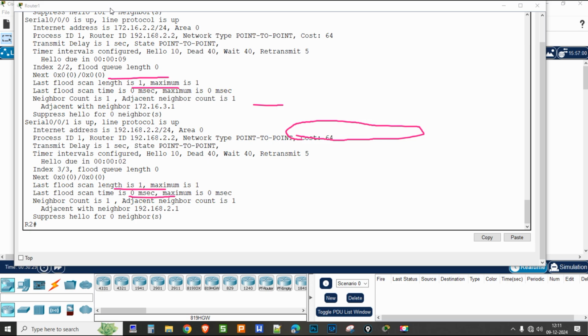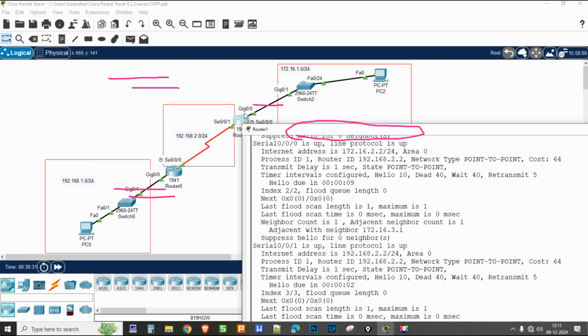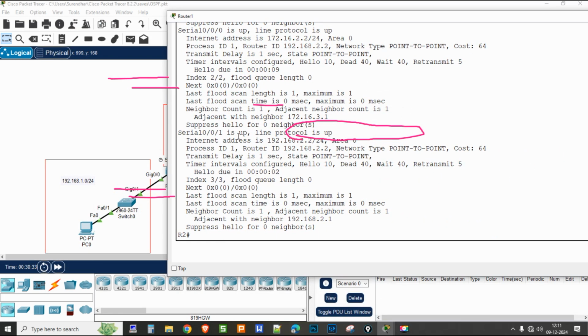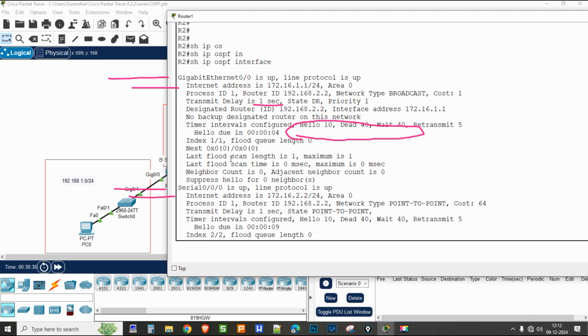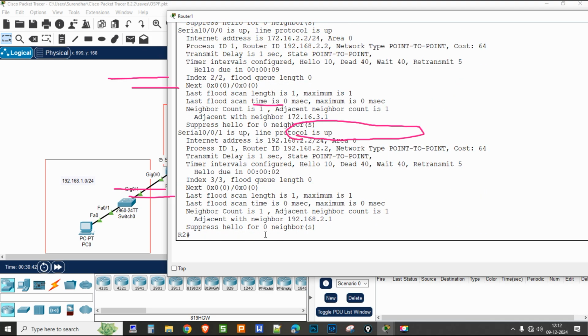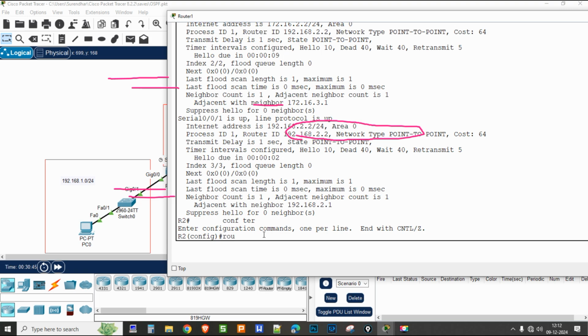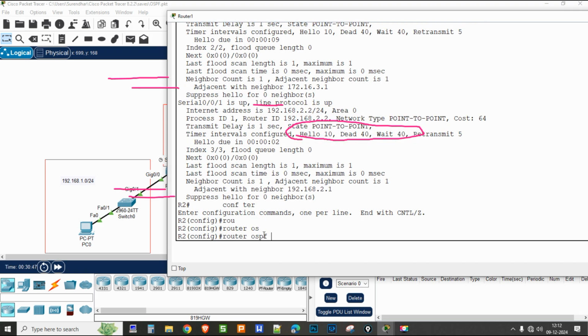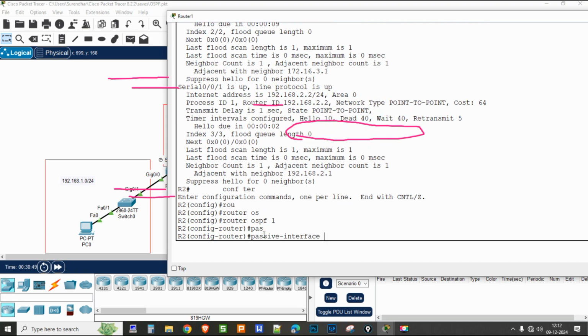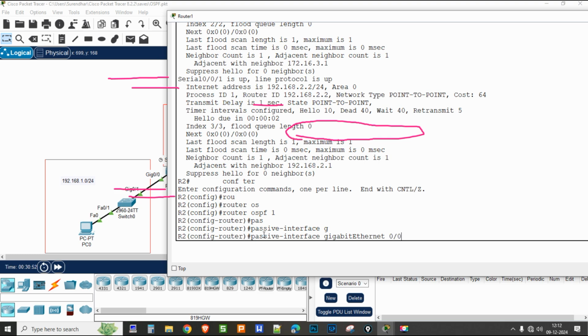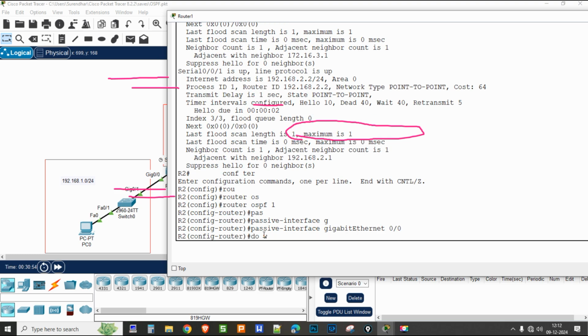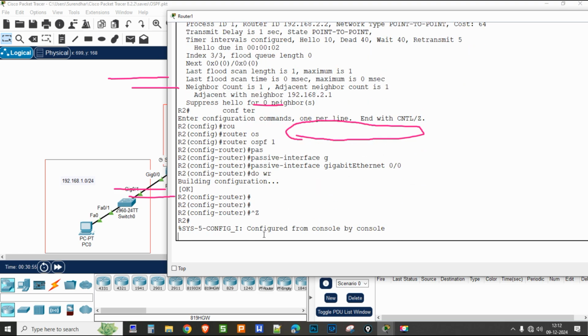Which one is GigabitEthernet 0/0, the passive interface? It has the hello timer, so it can advertise the routing information inside the LAN topology. It's not needed. Go to router OSPF 1, passive interface GigabitEthernet 0/0. After this command, you can verify.